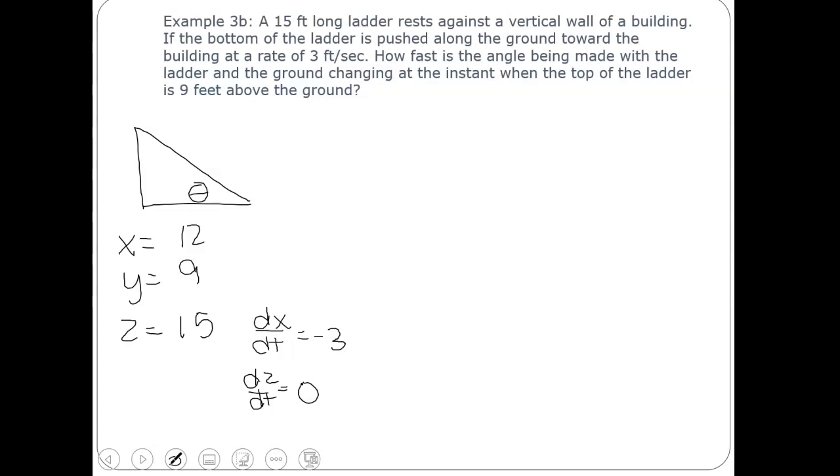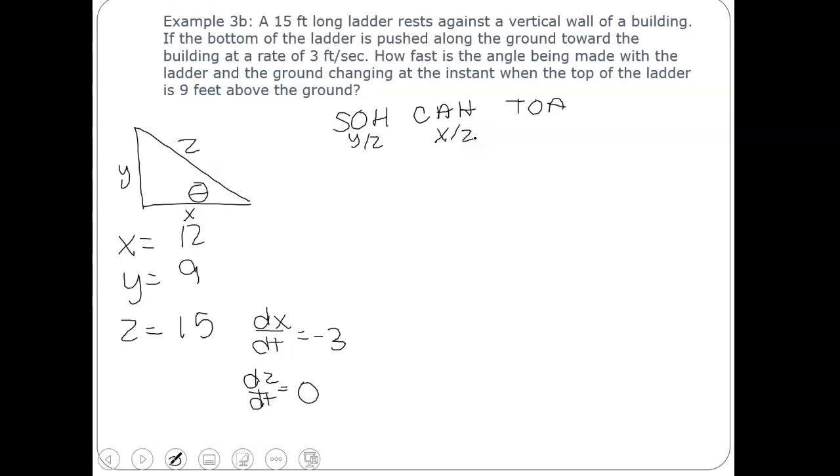So right now we have x, y, and z, and we have dx/dt and dz/dt. If we want to talk about the angle, we go back to our good old days of SOHCAHTOA. Sine is opposite over hypotenuse, which in this case is y and z. Cosine is going to use x and z.